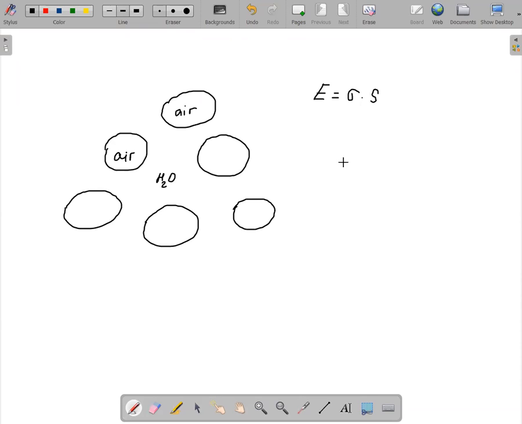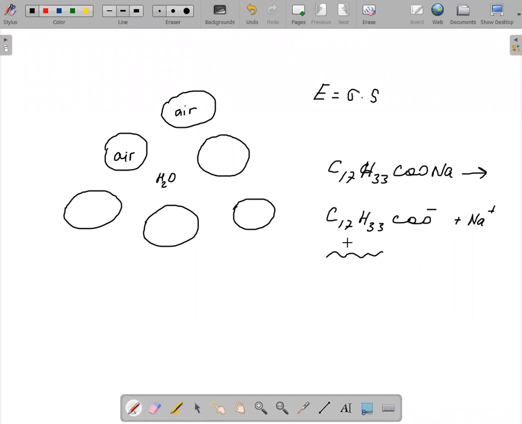What will happen if we add a soap, a sodium salt? Let's take again sodium oleate. It will dissociate, forming C17H33COO minus plus sodium cations, and it will have a non-polar tail C17H33 and a polar functional group with negative charge.